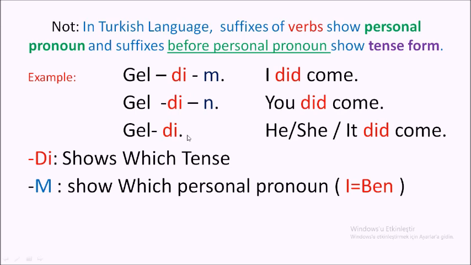Alright, so I hope it's clear for you. Let me repeat for you again, guys. Geldim, geldin, geldi. Equal to these parts in English sentences. Geldim, I came. Geldin, you came. Geldi, he, she, it came. So as you see here, d shows which tense it is. m shows which person pronoun it is, which is I.